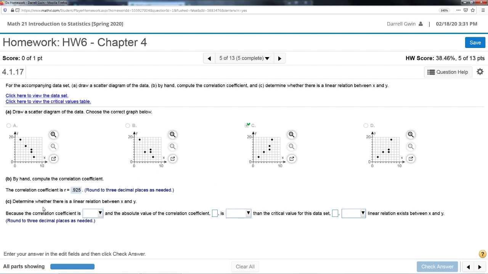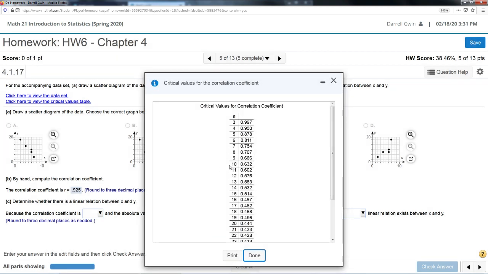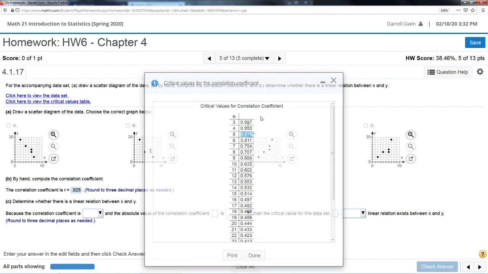Determine whether there is a linear relationship between x and y. Because the correlation coefficient is, alright, let's check. So this is 1, 2, 3, 4, 5 samples, n equals 5. The critical value is 0.878. What they're saying is if r is closer to 1 than the critical value, it is a line. And 0.9 is closer to 1 than 0.8, so it is a line according to the critical value or the cutoff point.